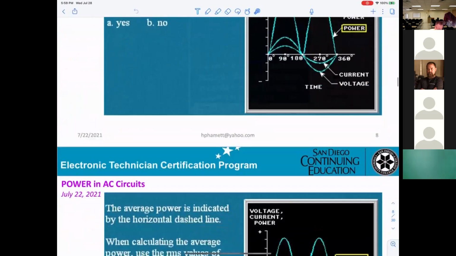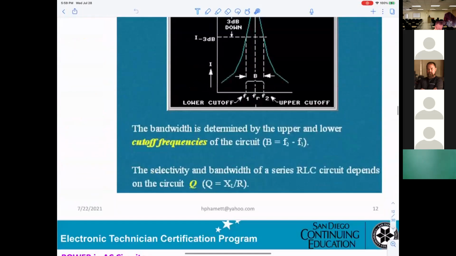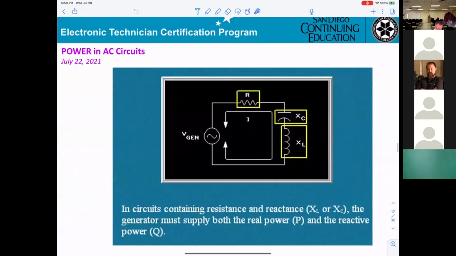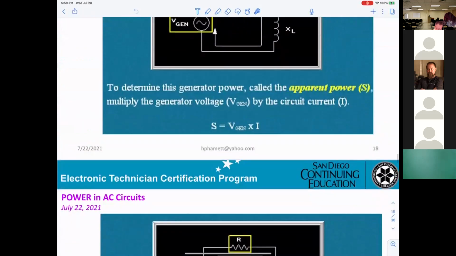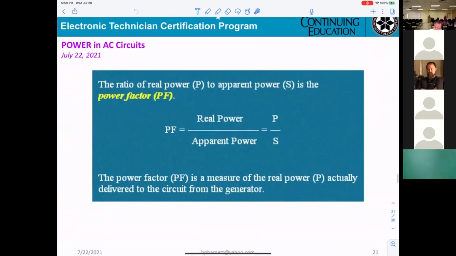And the other thing I want you to make sure you know is the PF, that's what normally they're using. What formula is used to calculate the power factor, PF?